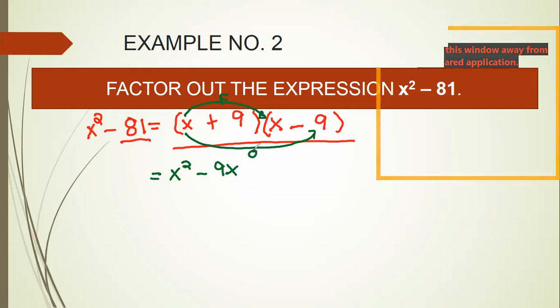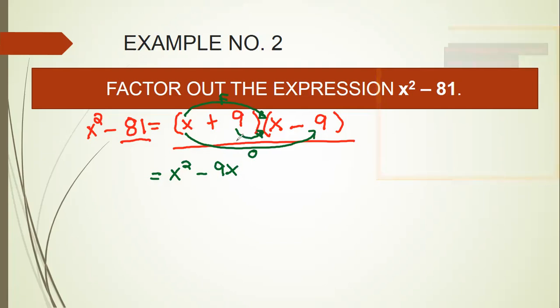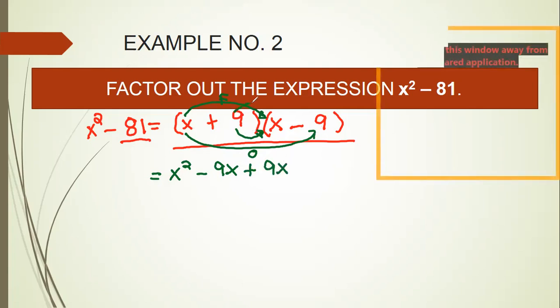The inner term: +9 multiplied by x, so that's positive 9x. And the last term: +9 multiplied by -9, and it's minus 81.